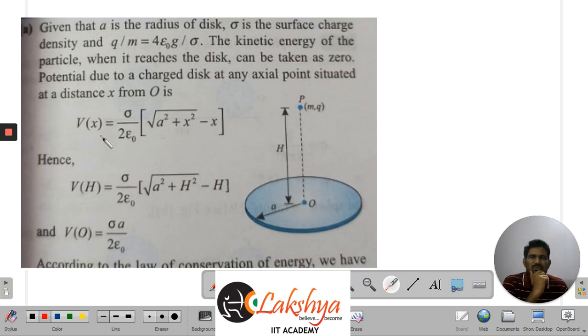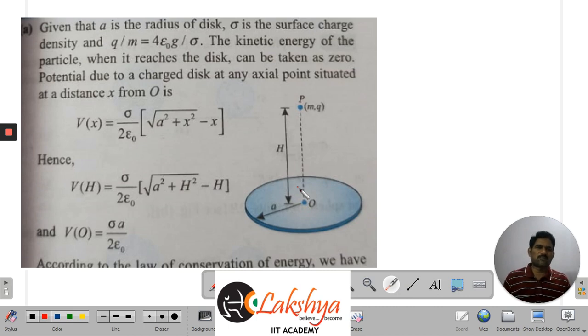Now I am writing the potential at a distance of h. To write the conservation of energy we need to write the potentials. From these problems we understand that whenever you write the potential energy, we need to know the expression for the potential at that point.